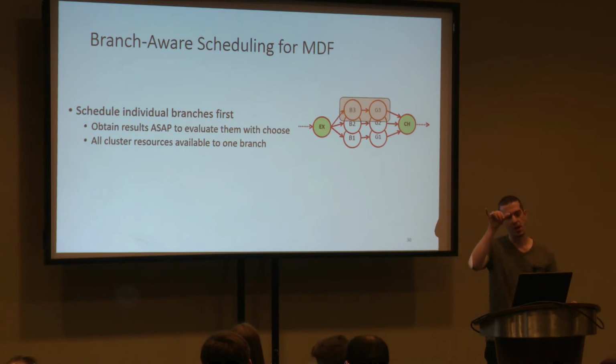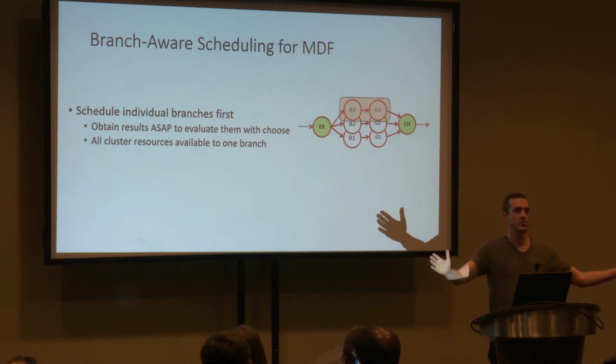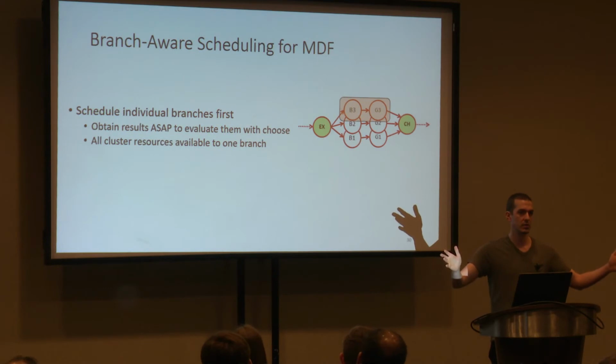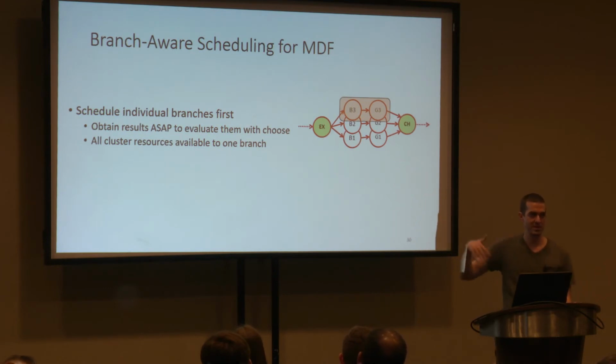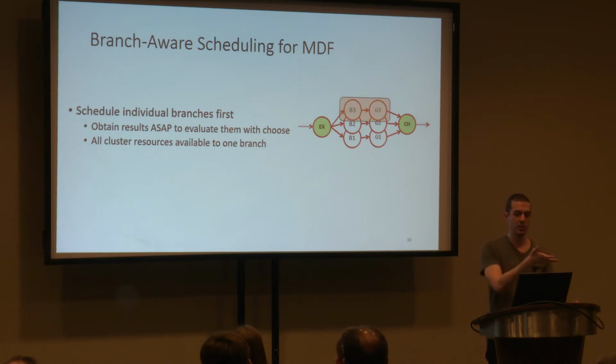So keep in mind that even though I'm talking about one single branch, this branch has all the resources in the cluster available to it. If instead I would be running all of the branches at the same time, and these branches are going to run out of memory, then we are going to start spilling data to disk. So that's clearly, if we give all the resources to one branch, chances are that it will finish first.